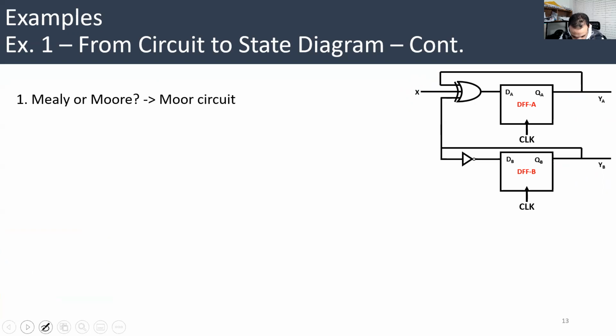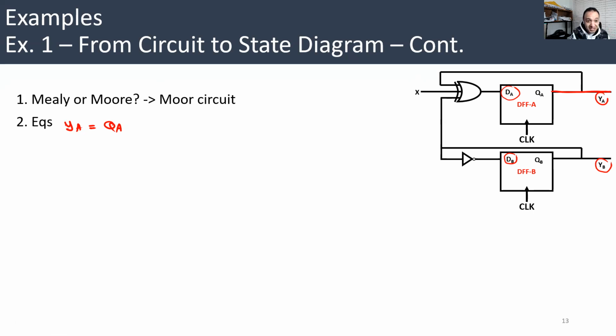So the second question is the equations. We should figure out 4 equations: DA equation, DB equation, YA, which we just figured out right now, and YB. So let's start with the easy one. YA is basically QA. They are just shorted. Whatever is on QA will be YA.